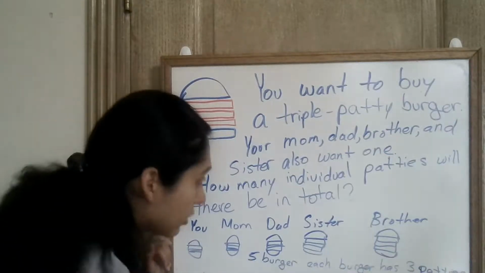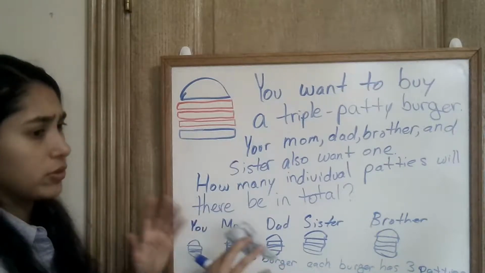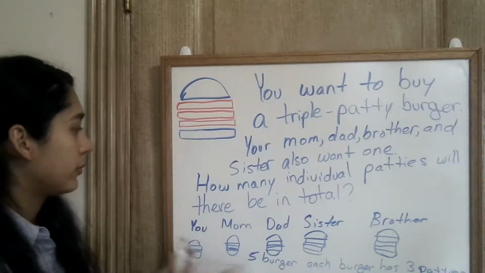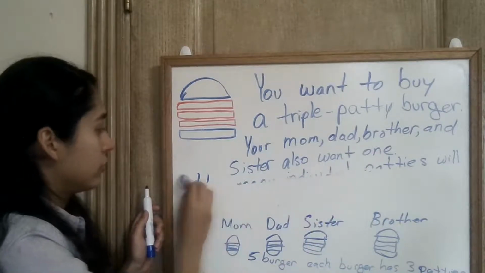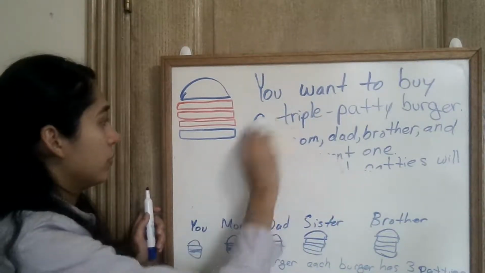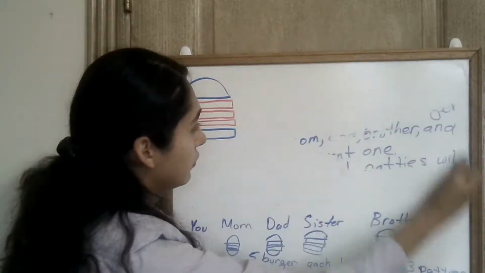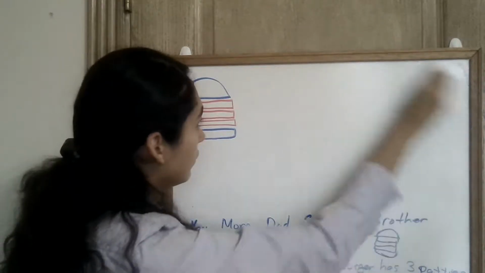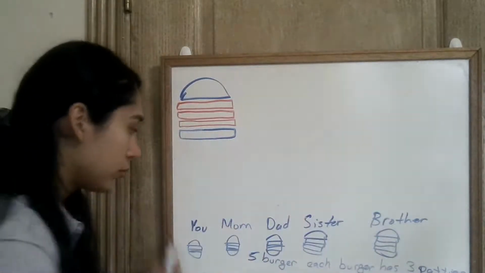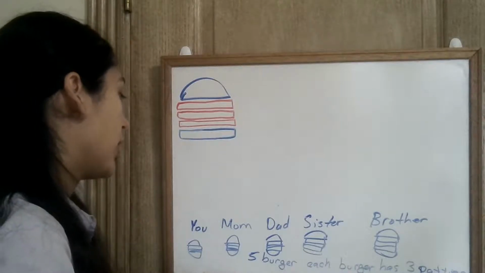All right. So at this point, I'm going to go ahead and erase the question because I kind of need some room to work here. All right, so each burger has 3 patties.